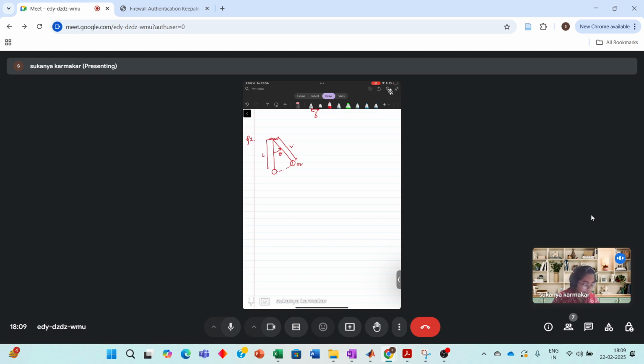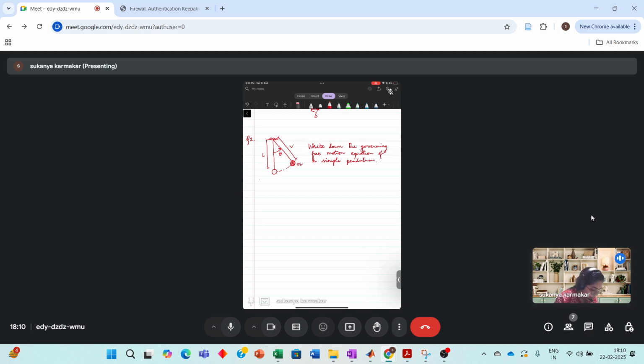All the mass in the system is concentrated at this point, mass M. So I want you to write down the governing free motion equation of a simple pendulum.